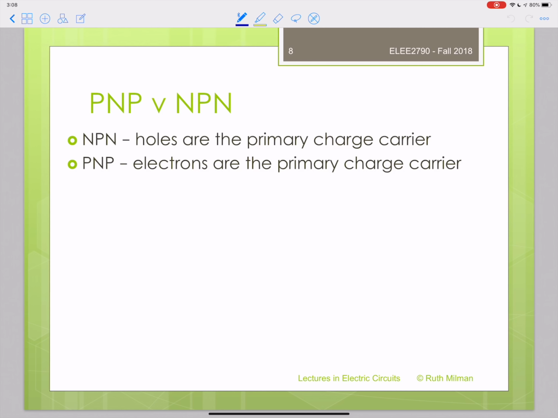And it's important to understand that each of these create a very similar transistor, but the transistors operate in an opposite manner. NPN is typically created by holes, and those are the primary charge carriers, whereas PNP is created by electrons that are the primary charge carriers. The nuances of how they are created are not necessarily so important for you guys, but what is important to understand is the basics of how they work.